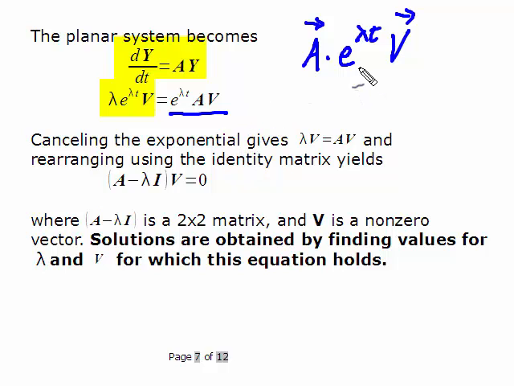So at this point, let me factor out. So I'd have e to the lambda t, okay, it's lambda times v in this case, and over here will be e to the lambda t times a v.